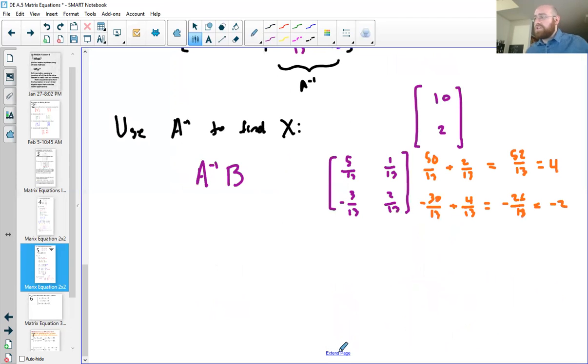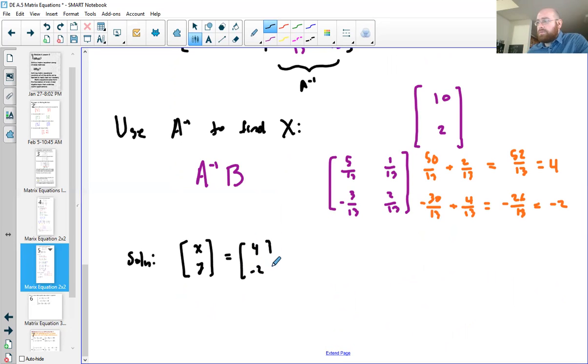So our solution as a matrix, x y, is equal to 4, -2. And that is the end of our question.